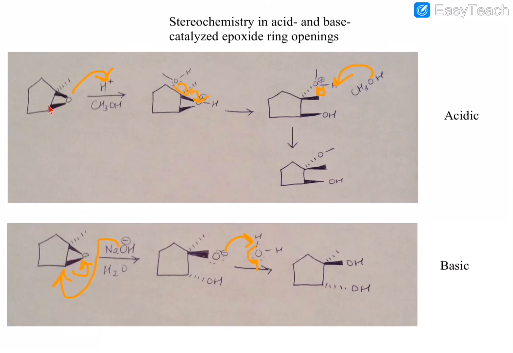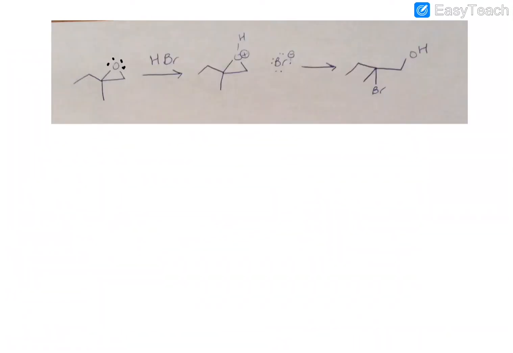In the original molecule, the stereochemistry is within the epoxide itself, and it's not only in the carbon backbone. We can see why this is an important factor by looking at this reaction with different stereochemical configurations. In this reaction, only regioselectivity needs to be considered because no stereochemistry is present.